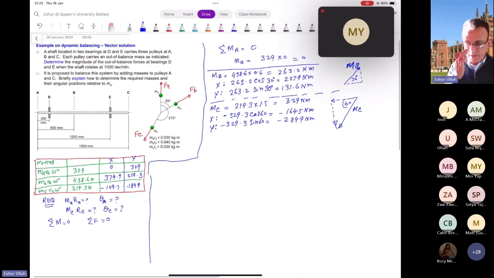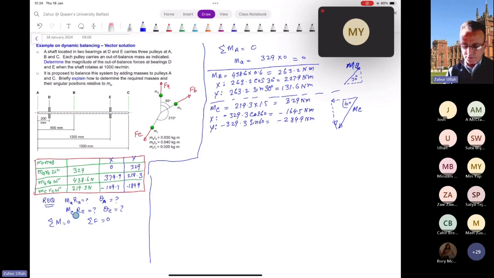Okay, in addition to this, if you are taking moment from A, obviously now there will be no reactions at D and there will be no reaction at E. So then there's no need to worry about these forces. The only other force that you need to worry about is the force due to this additional mass, which you can call capital MC, and the distance will be RC.